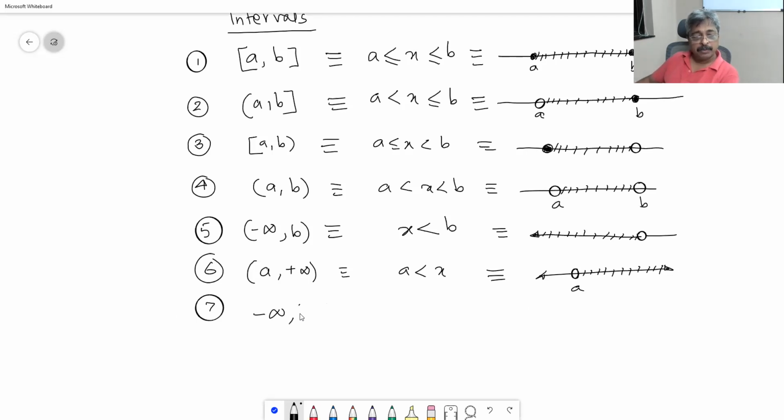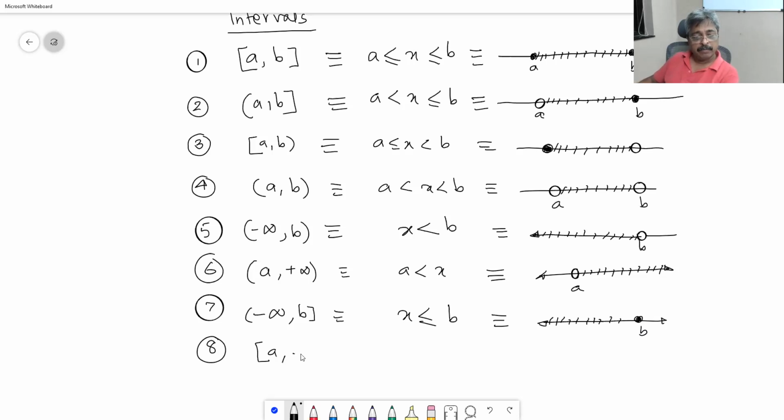Minus infinity to b closed: x is less than or equal to b, everything up to b. 8.